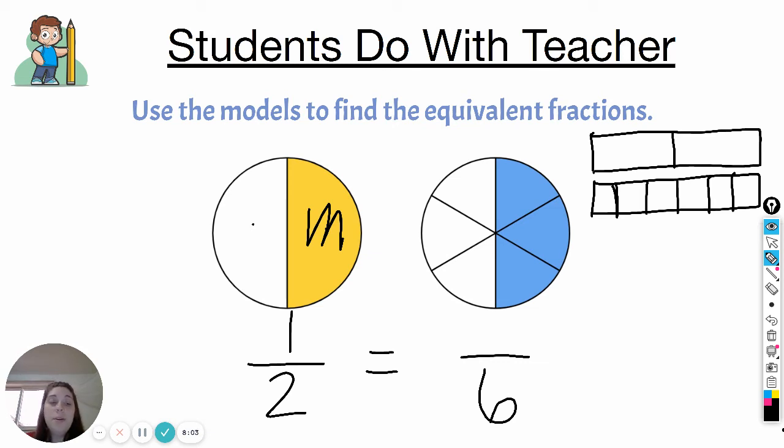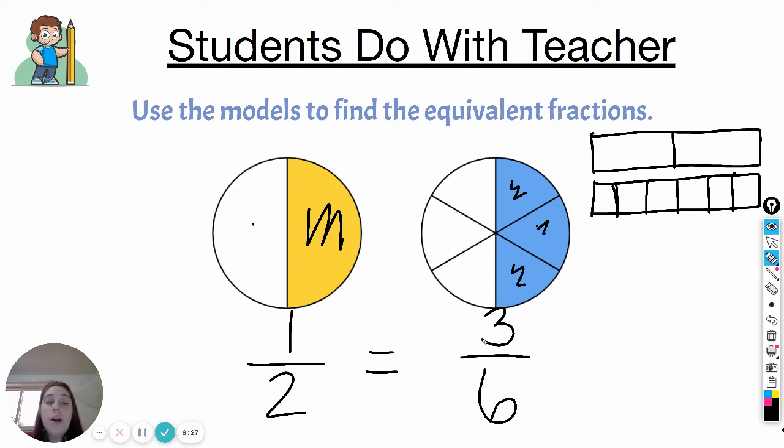Think about it for a moment. And hold up your fingers. What will our numerator be? 3. We have 1, 2, 3 pieces shaded.